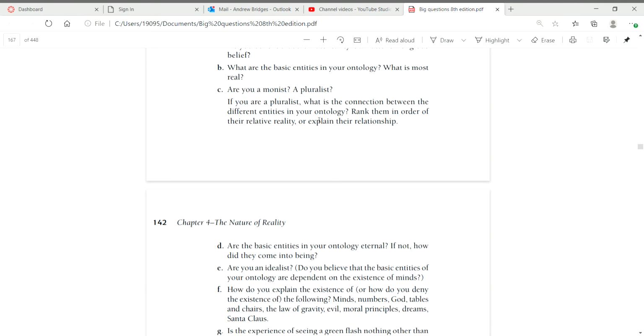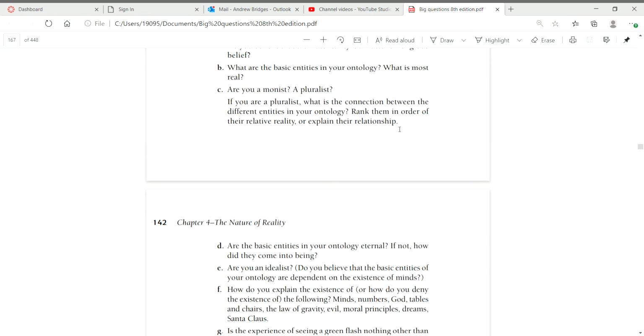If you're a pluralist, what is the connection between the different entities in your ontology? And part of the philosophical question becomes, if two things have completely different substances, then how could they possibly interact? This is a problematic aspect for philosophy. Descartes gets into it, Leibniz gets into it, other philosophers get into it. Rank them in order of their relative reality, or explain their relationship.